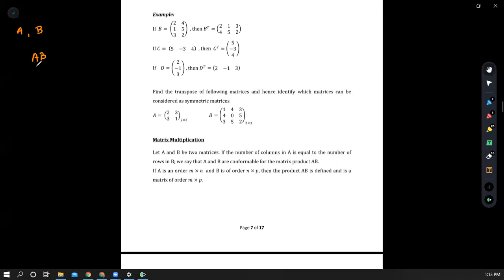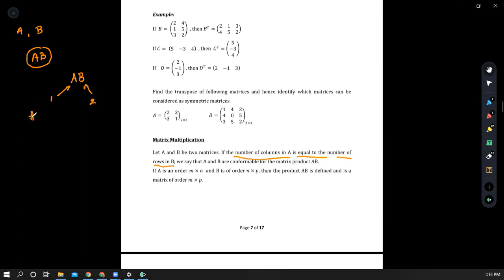first you have to check whether these matrices are conformable for matrix multiplication. To check that, this is the condition that should be satisfied. The number of columns in matrix A should be equal to the number of rows in matrix B. Therefore, if you are asked to find the matrix product AB, A will be your first matrix and B will be your second matrix.